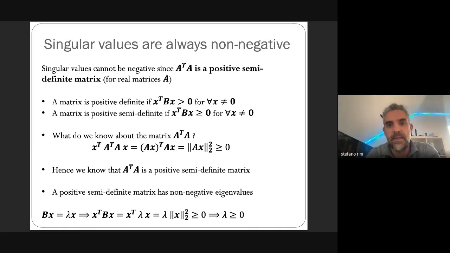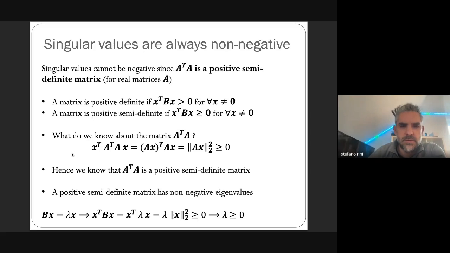In this case, A transpose A is symmetric, so it is a symmetric positive semi-definite matrix. But as we said, sometimes people say positive semi-definite to indicate symmetric positive semi-definite. So just remember the trick. The matrix A transpose A is positive semi-definite because of how it's constructed, right?